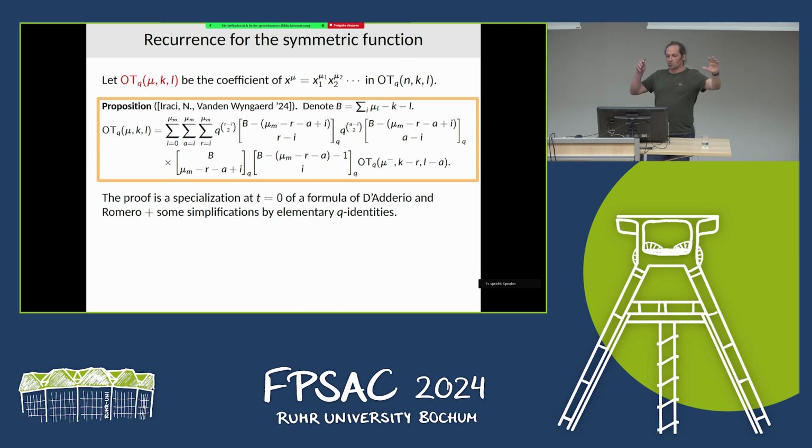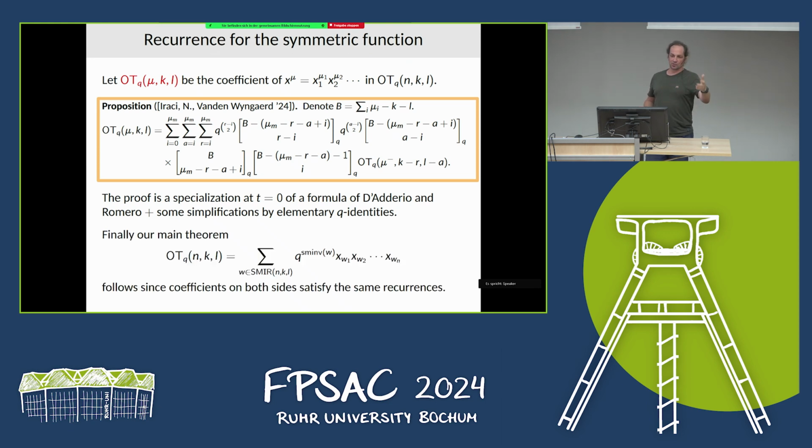So these were the 2 sides of this theorem, just the coefficients of x to the mu. You show that the coefficients on both sides satisfy the same recurrence, check the initial conditions, and you're good. So that's how you prove this theorem, that this symmetric function has this combinatorial expansion.